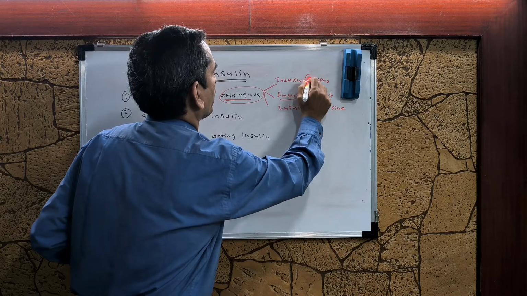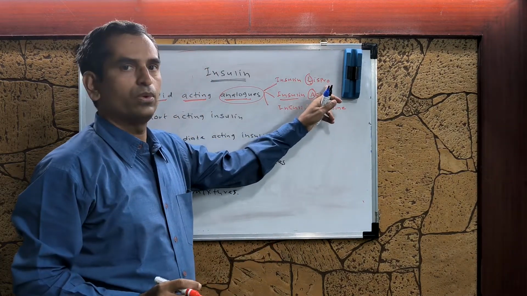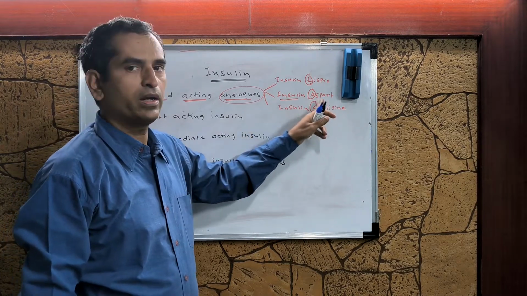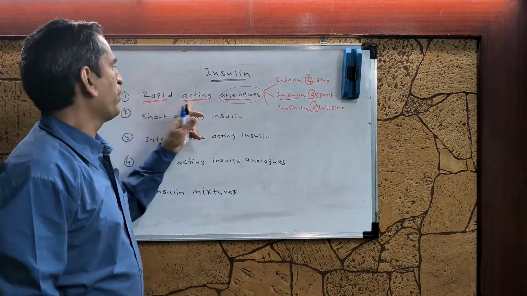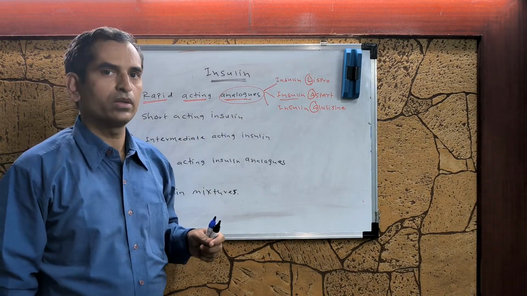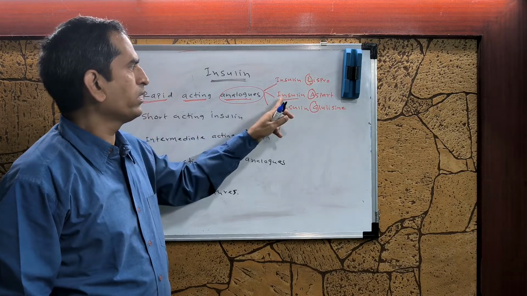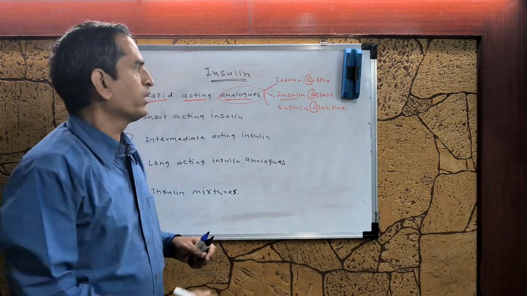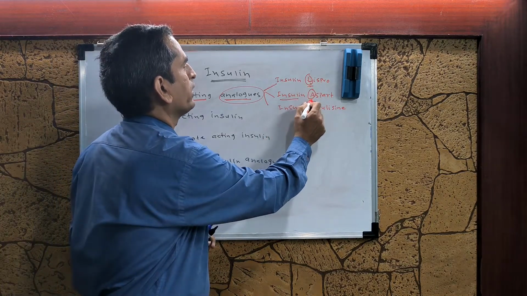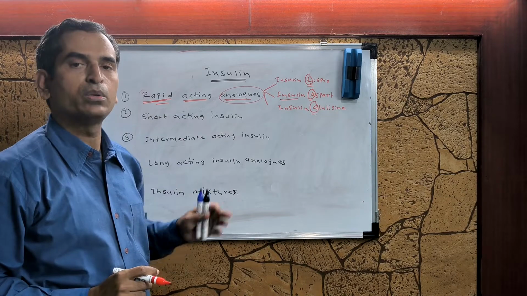So remember the acronym LAG. Again, just to revise: insulin lispro, insulin aspart, insulin glulisine. These are the rapidly acting but short acting insulin analogs.